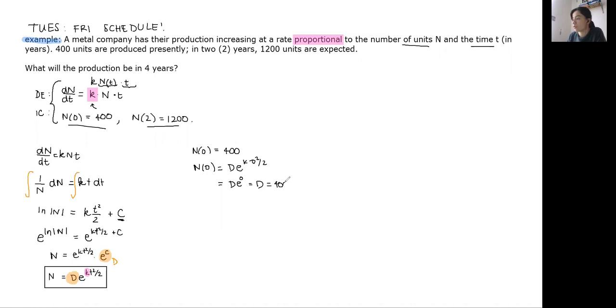I can force it to be equal to 400, and that leads to the conclusion that d has to be equal to 400. Okay, and so from this point, I have now obtained that n of t, or n at any other given time, is going to be of the form 400 times e to the power of k t squared over 2. Do I have any questions about this?